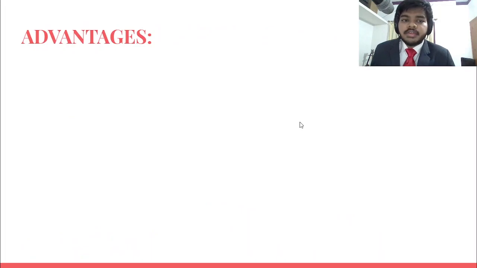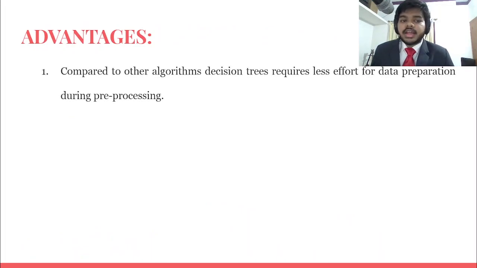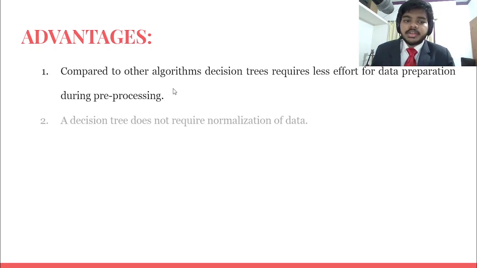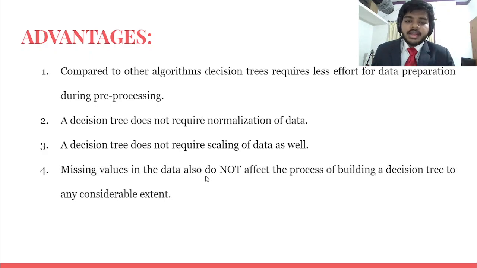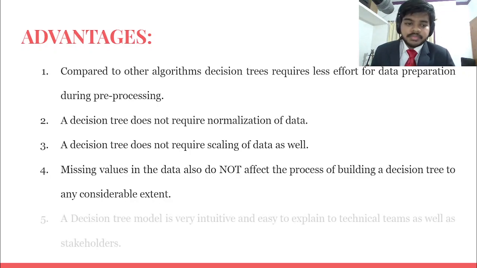When it comes to advantages of decision tree analysis, you don't have to do a lot of preparation or pre-processing when compared to other algorithms, because there's no requirement for normalizing or scaling the data, and even missing values in the data do not affect the process of building a decision tree to any considerable extent.